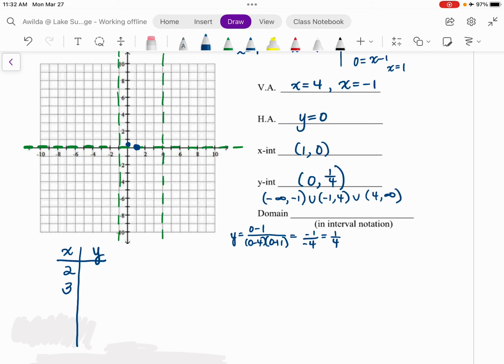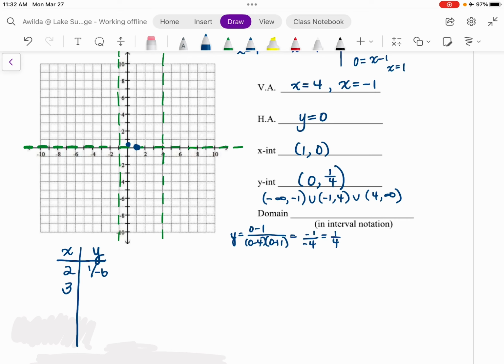And let's see what happens at those values. So when x is 2, y is equal to, the numerator would be 2 minus 1, which is 1, over 2 squared minus 3 times 2 minus 4. So that is -6, I believe. And so we get -1/6.